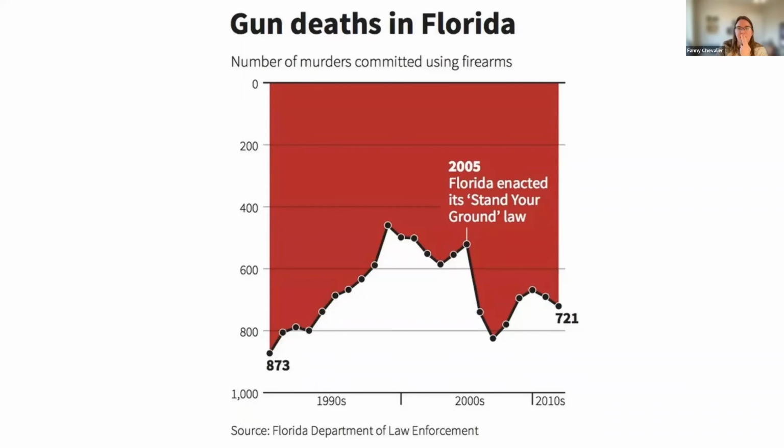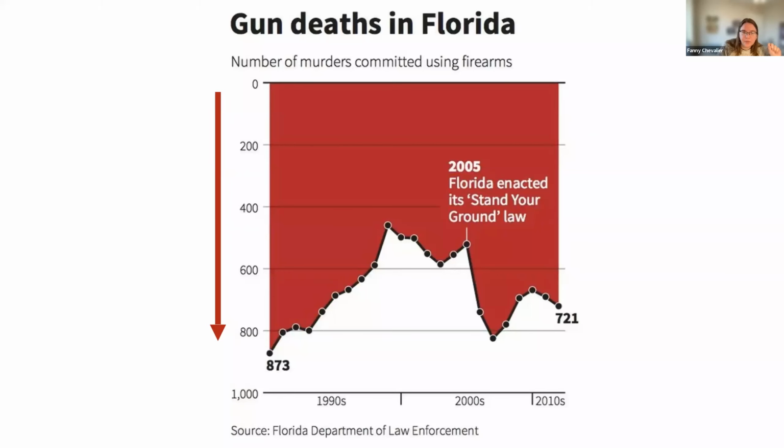But wait a minute, is that really the story in this chart? Does anybody want to challenge that story? Did you pay attention to the axis in the chart? The axis goes downwards here. It's a true visualization that has been published by the Florida Department of Law Enforcement. The y-axis is going downwards, which means what we perceive as being a drop is actually an increase.